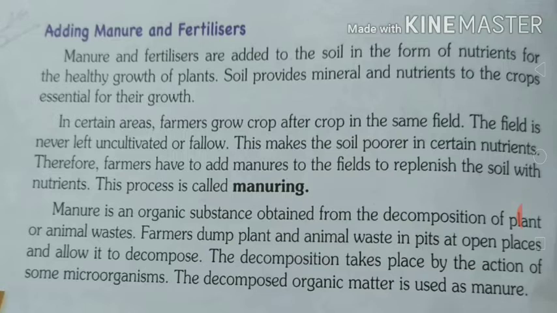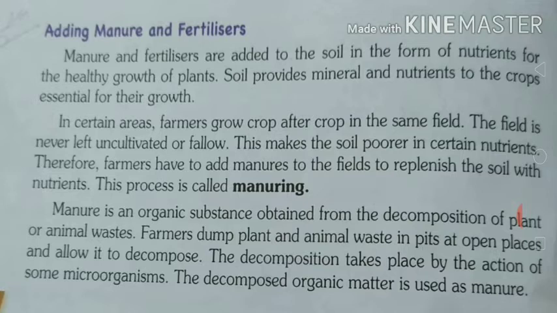A manure is a natural substance obtained by the decomposition of animal wastes like cow dung, human wastes and plant residue, which supplies essential elements and humus to the soil and makes it more fertile. Manures are prepared from animal wastes, human wastes and plant residue by the action of microorganisms.